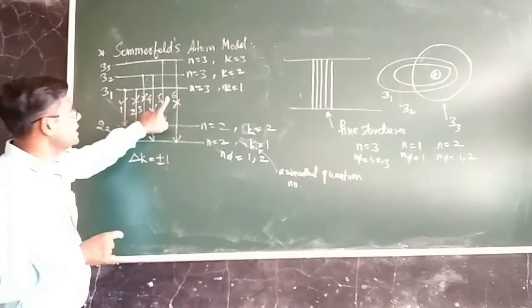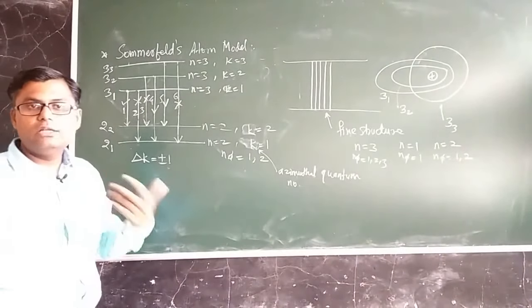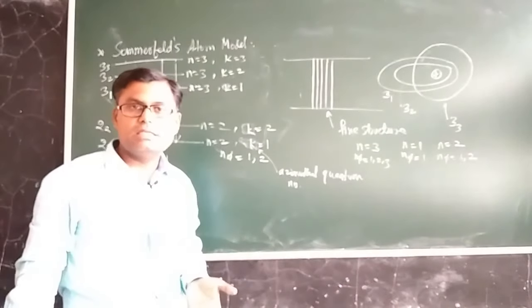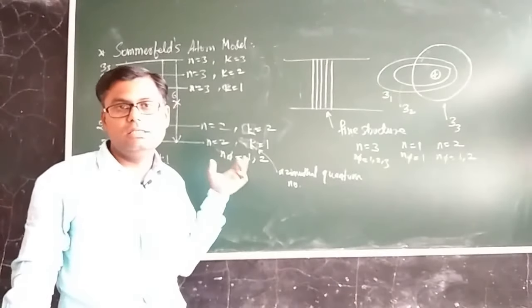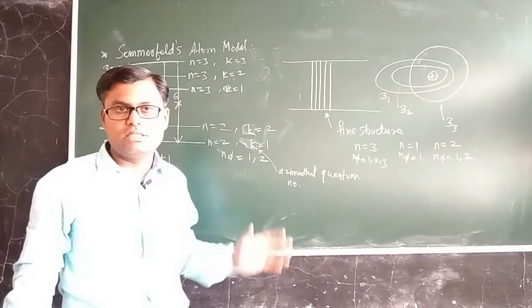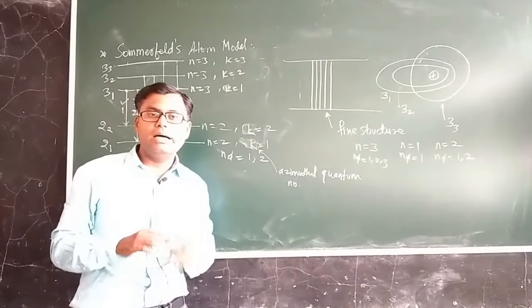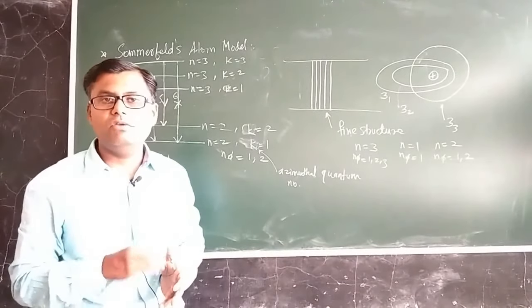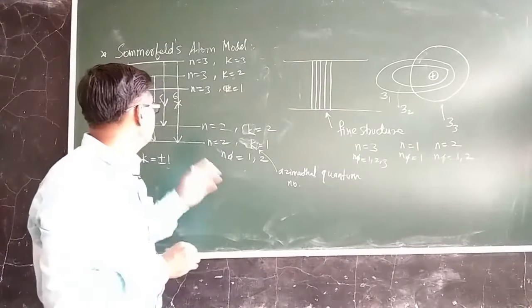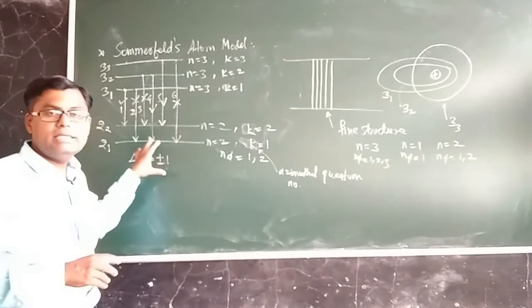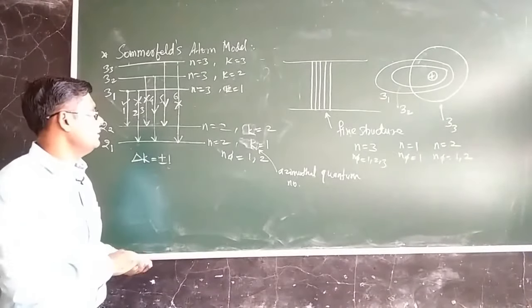Only 3 transitions are allowed. So he was going to explain the origin of 5 energy levels, but he could explain only the origin of 3. So we can say that Sommerfeld could only partially explain the fine structure of the H alpha line.